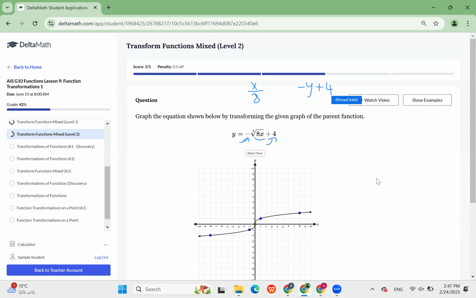Now we take points. We start with 0, 0, and then we have -1, -1, and +1, +1, x and y. First, let's transform the x's.